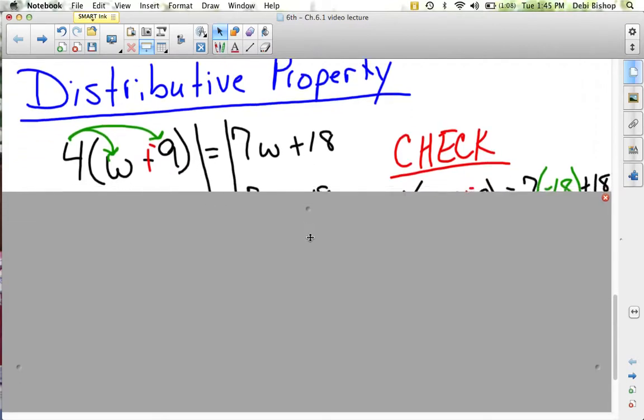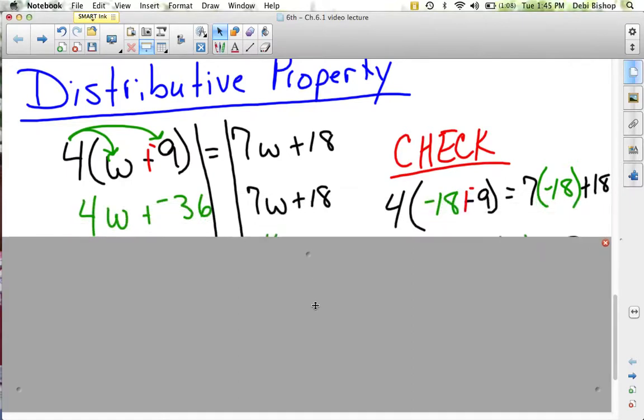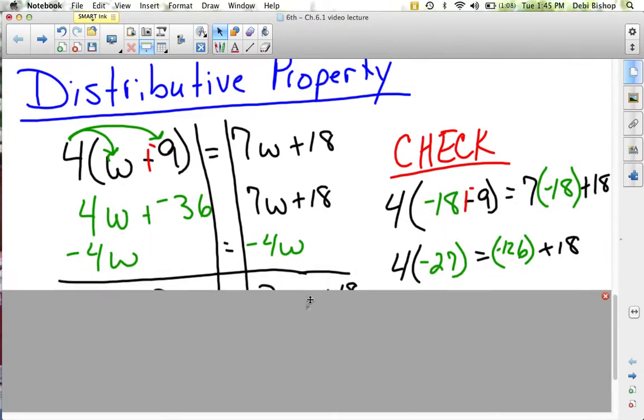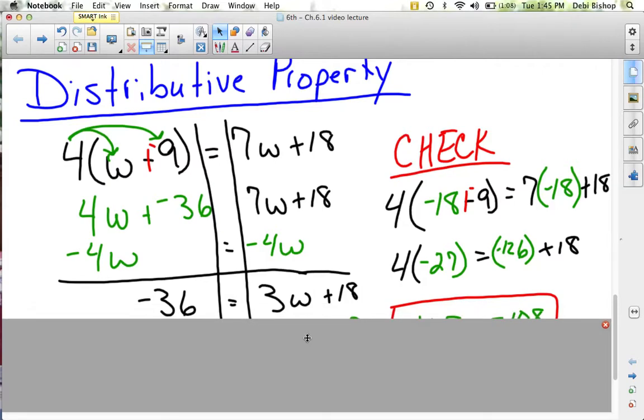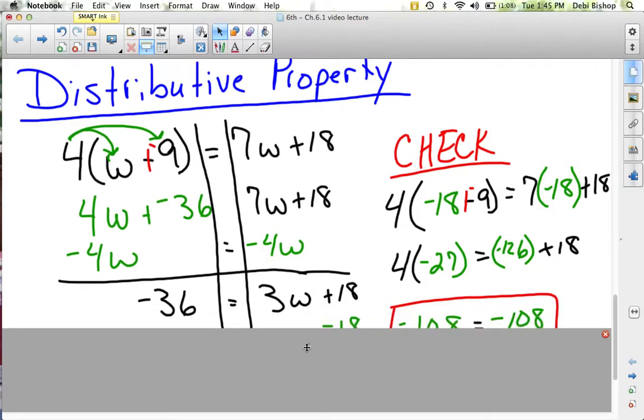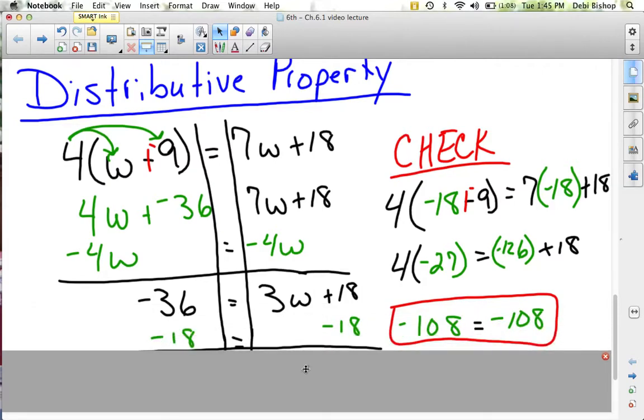Once we distribute, you have 4w plus a negative 36 equals 7w plus 18. Now, combine like terms. Get your variables on one side, integers on the other. Subtract 4w. You're left with negative 36 equals 3w plus 18.